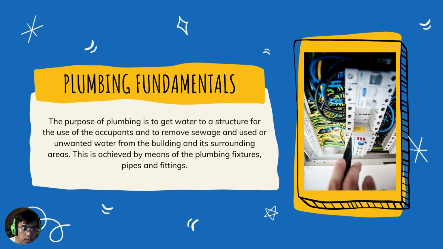So, sa pag-estimate kasi guys ng plumbing, based on my own understanding, may mga specific size tayo ng pipes na dapat talagang gamitin. Like sa water line, hindi ka pwedeng gumamit ng sobrang laking pipe.